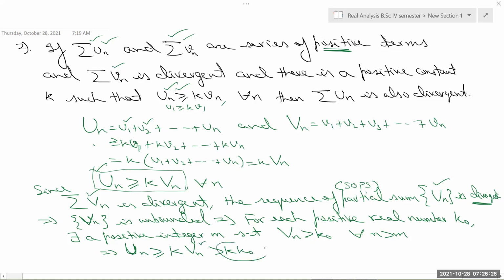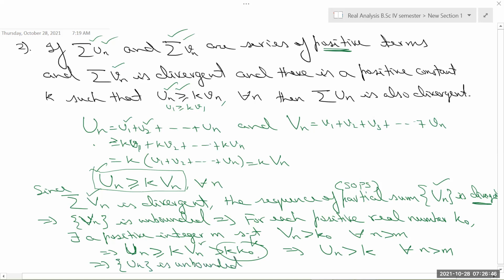So in general, if I call k into k naught as capital K, this implies that Un is greater than a fixed constant K for every n greater than m. This implies that Un is also unbounded. Un is unbounded. However, it is monotonically increasing.